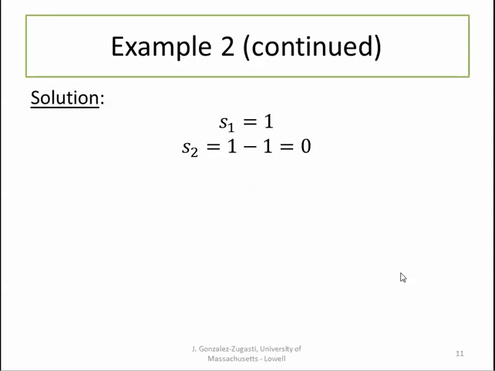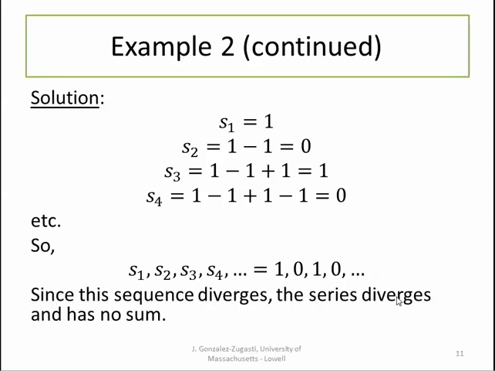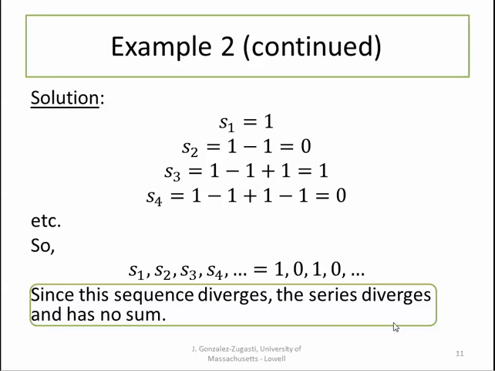S sub 3 is the sum of the first three terms, which is 1. S sub 4 is the sum of the first four terms, and we can keep going on like this. If you look at the sequence of partial sums, you'll see that it's equal to 1, 0, 1, 0, 1, 0. And this is a divergent sequence. So that tells me that the series diverges and has no sum.